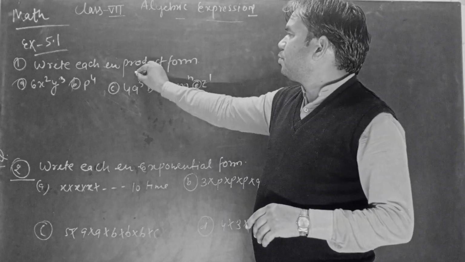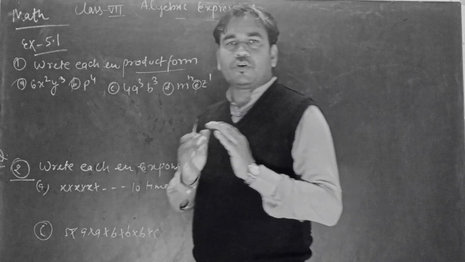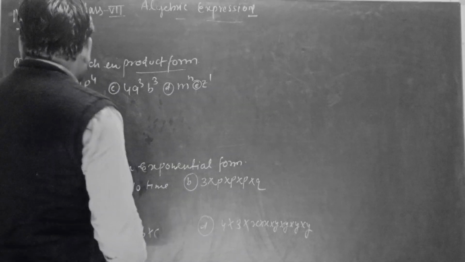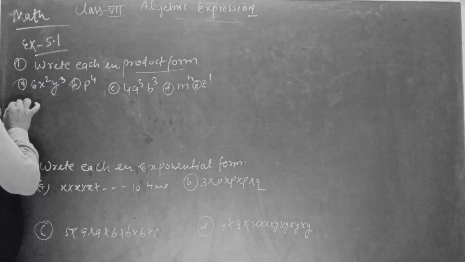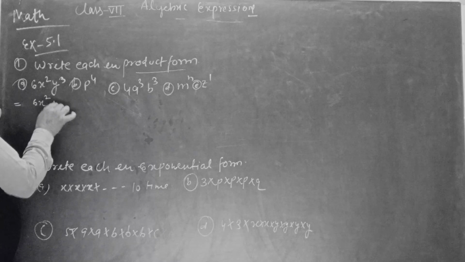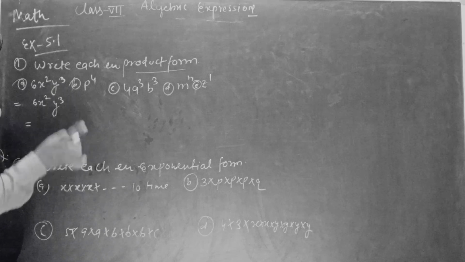Write each in product form. So this is the first question. In product form, you know students how to write product form. Here you see this is the A part, 6x square y cube. It means we can write it in products.